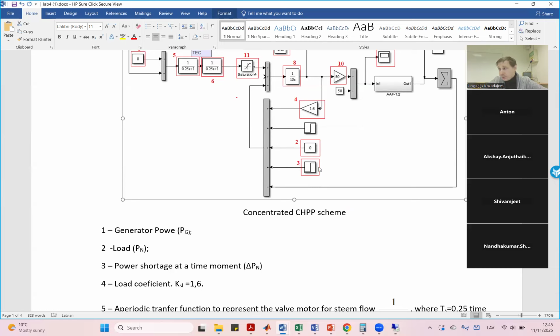The value is in relative units, so we could say that this is in percent, from 0 to 1. So 1 is 100%.